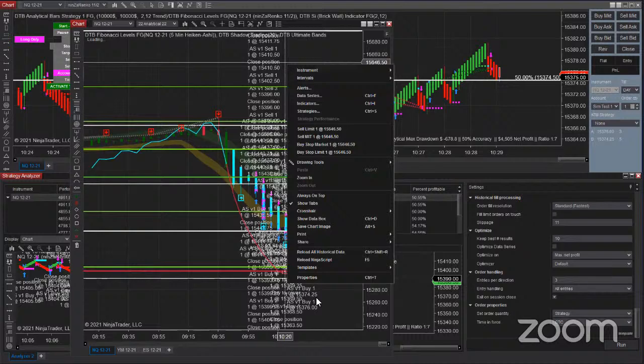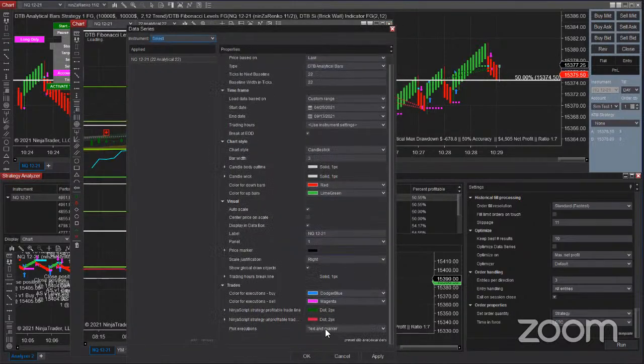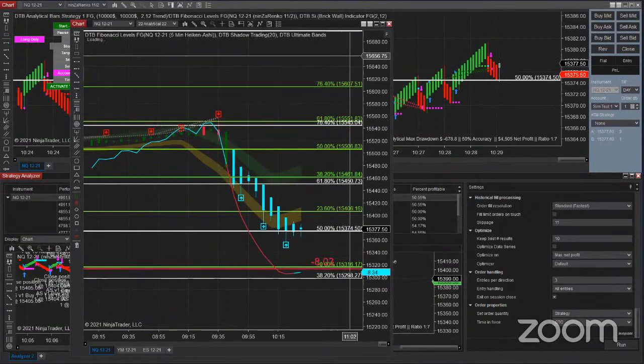And I'll obviously take off the details from the data series to not show all the text and markers. Okay, that should give it a moment to load.